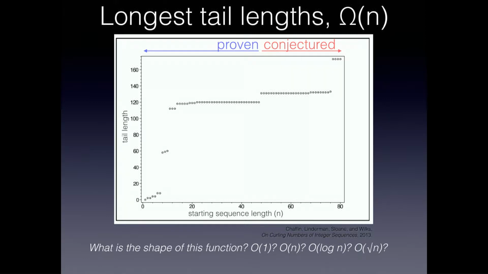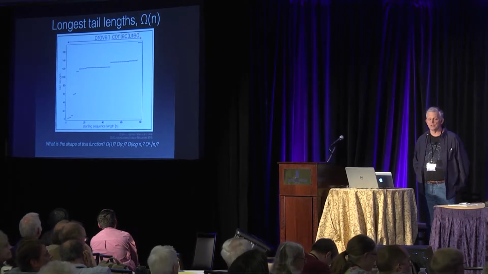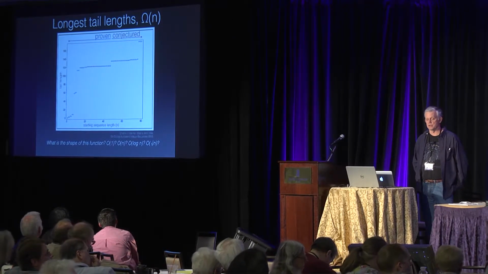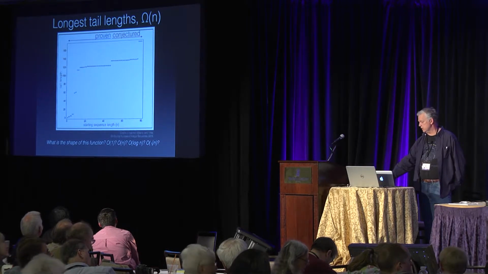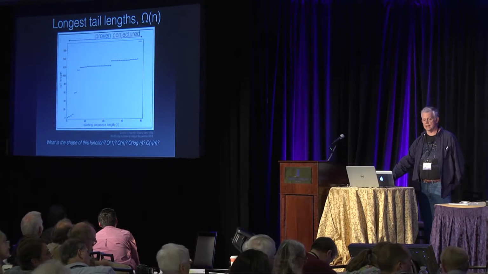So these are places where you might want to take a look. So they had proven everything up to roughly 36. So they looked at everything, all 36 long combinations of 2s and 3s, and they've identified the longest tails that were ever generated for those. And they conjectured out further to approximately 80.